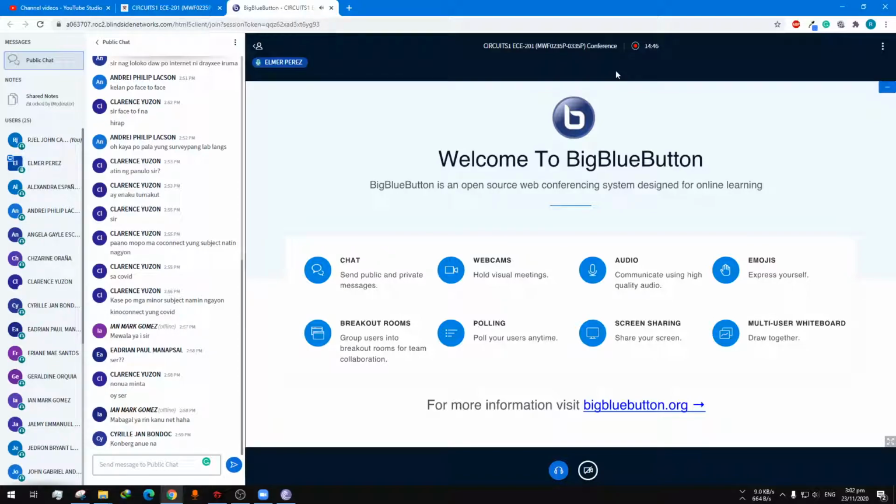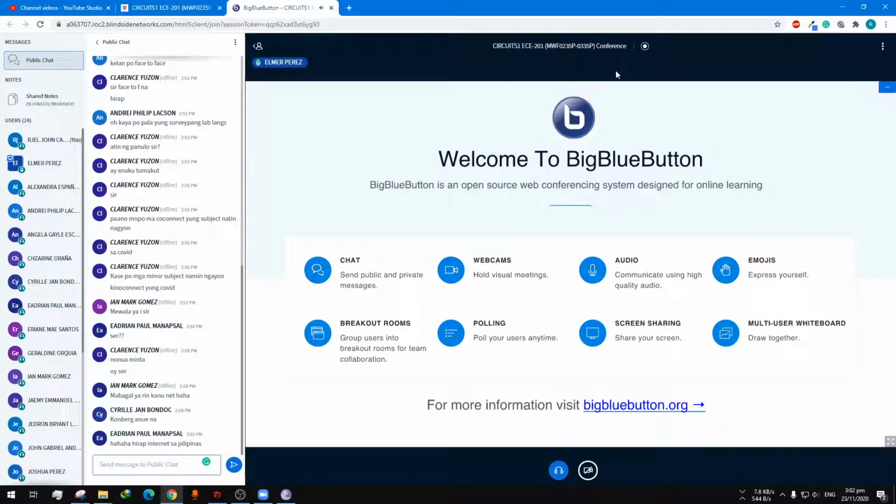Sorry. Nawala na akong internet. Ay, biglang nawalan ng internet ang Converge. Ay, naku. Nag-mobile data na lang ako para tapos na.